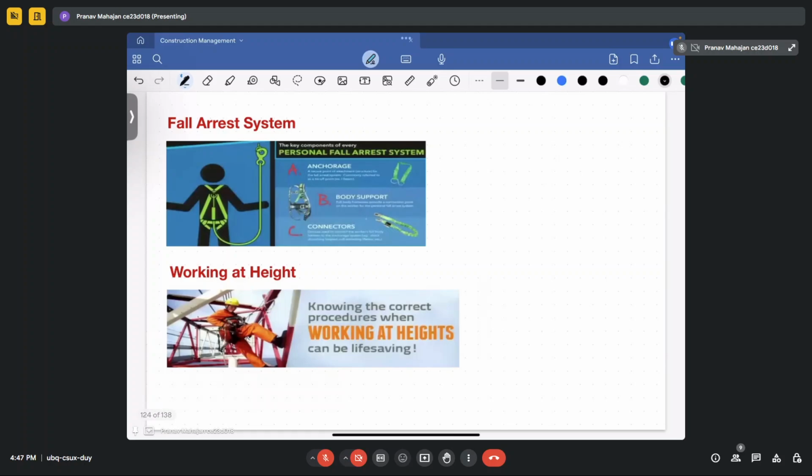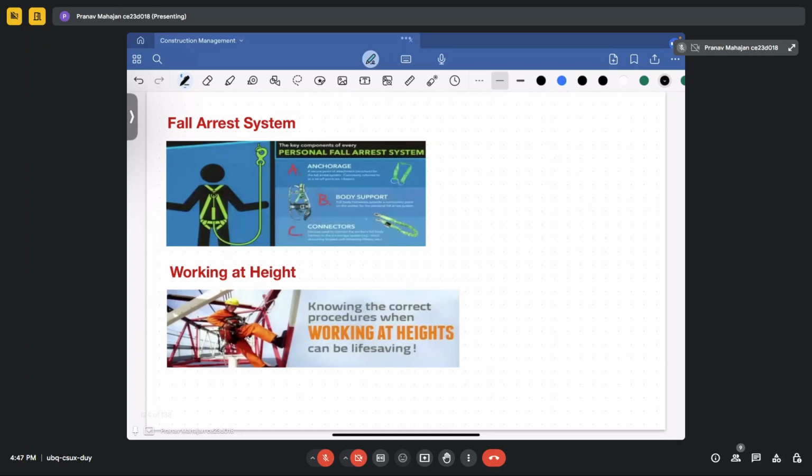Okay. So what is a fall arrest system? From the figure, you can see that from a bungee rope, the person will be attached to the jacket, and he will be doing his work the whole time with the hook installed at his back, so that he might not fall from a large height.